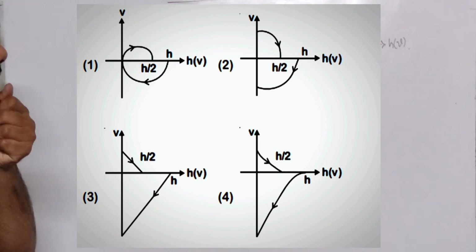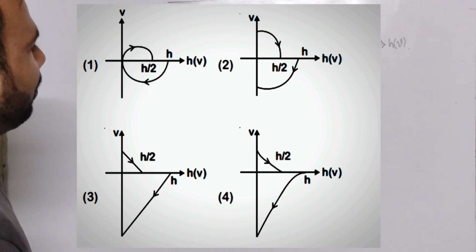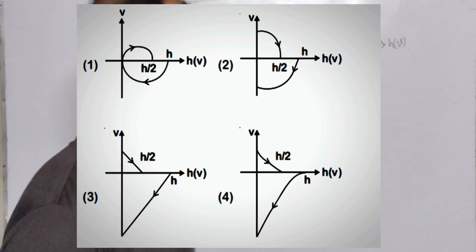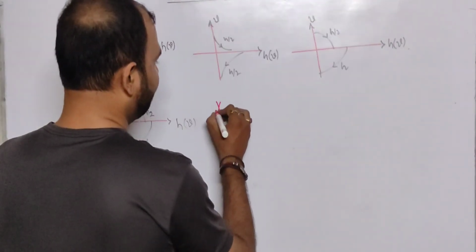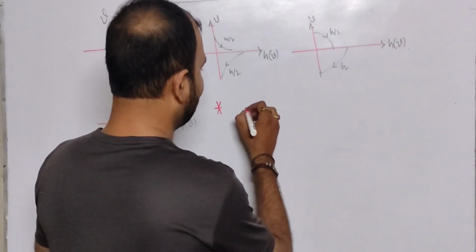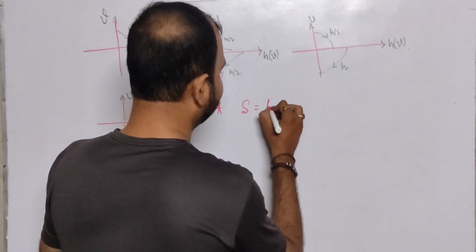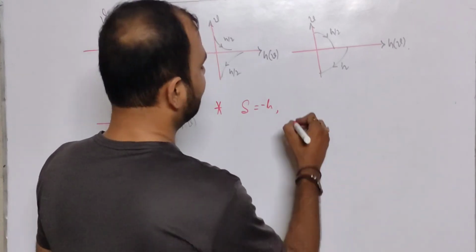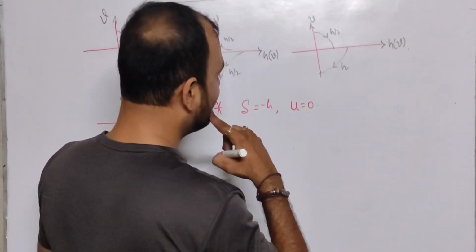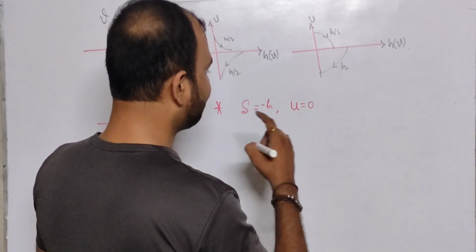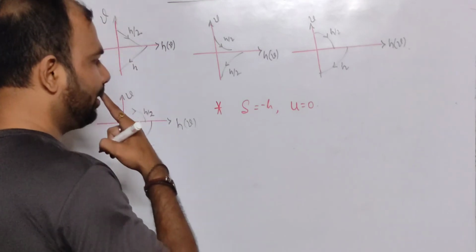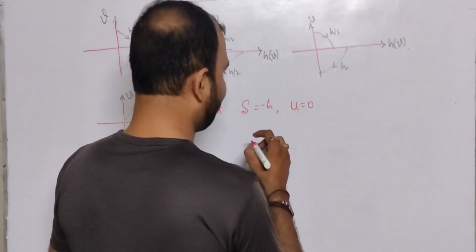So what will be the graph? We have to construct the equation for it first. A ball when dropped from h height, so s equals minus h, initial velocity u equals 0, and time is not given.